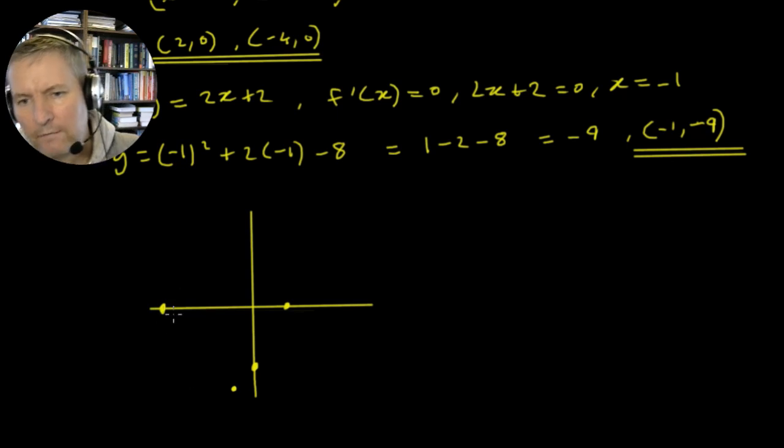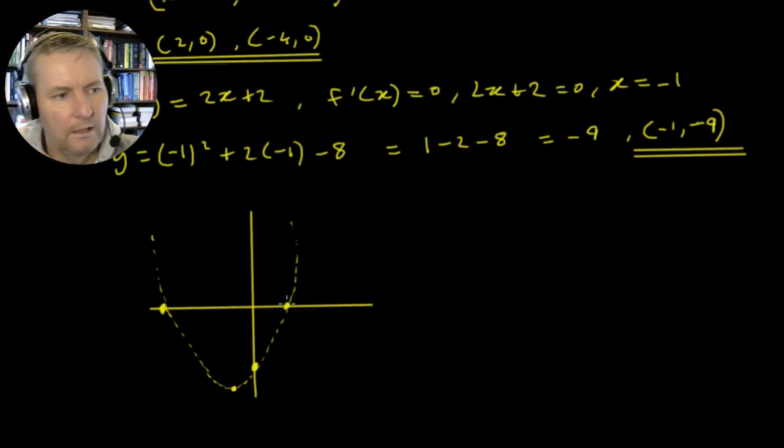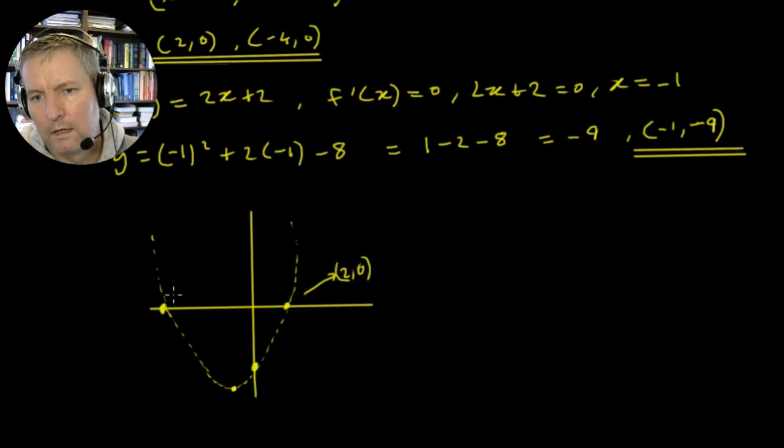So you're going to have a curve that kind of comes down like this. This is the turning point here, and it's going to come back up here. And these points here are going to be (2, 0) and (-4, 0).